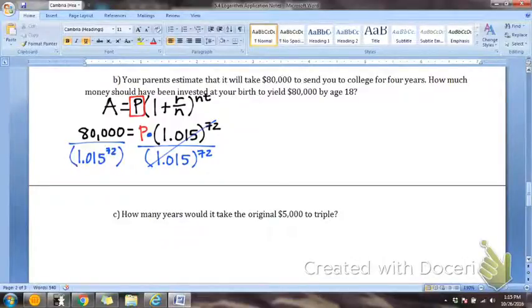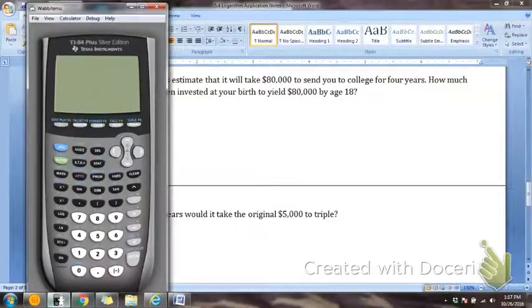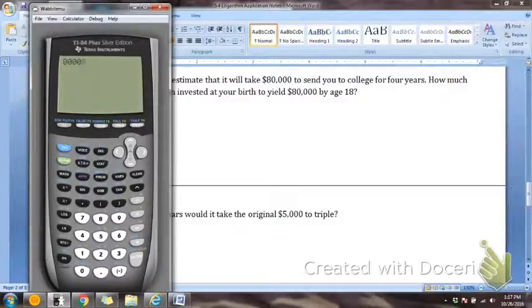When you put this into your calculator, you need to put parentheses around the entire 1.015 to the 72nd power. So 80,000 divided by 1.015 raised to the 72nd power.